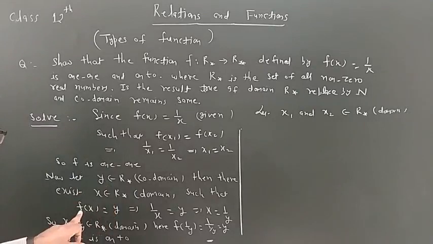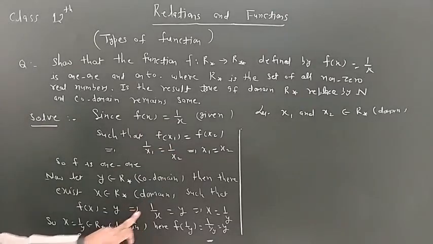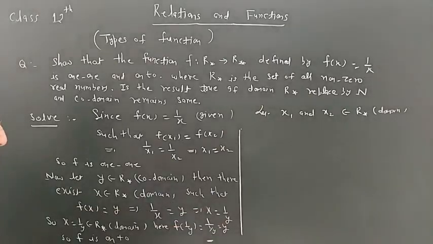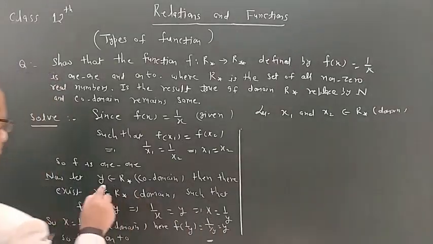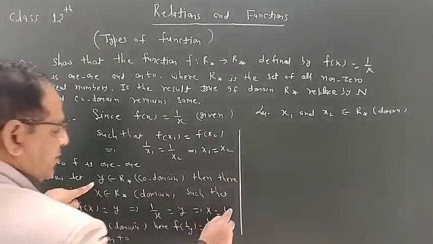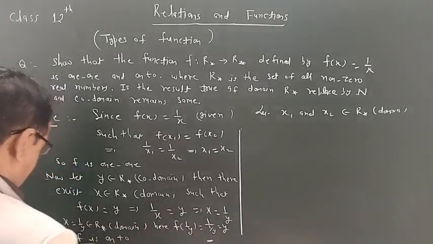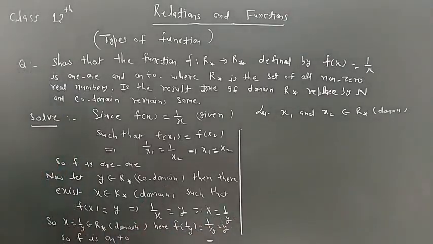So we have f(x) equal to y, but f(x) equal to 1 upon x. So 1 upon x equal to y, the value of x is 1 upon y. That means for each y of the codomain, there exists 1 upon y in the domain whose image is y. So this shows that f is onto.